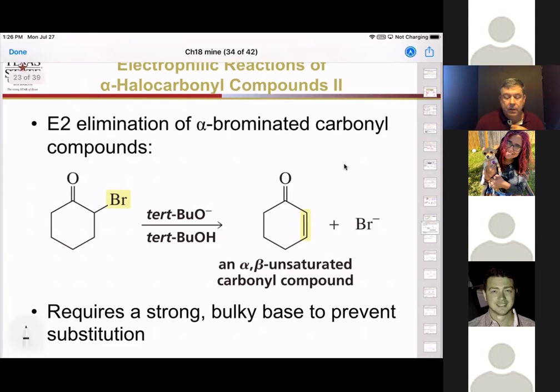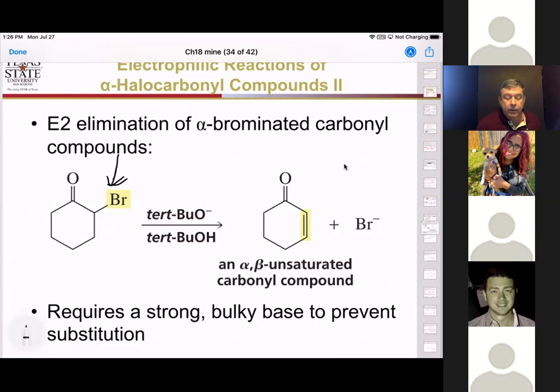You get your bromination at that alpha position using your acid catalyzed alpha halogenation right here, and then treat it with a very big bulky base to force it to be E2. Remember, E2 is when you have a big bulky base and it has to pull a hydrogen away from one carbon away from your bromine.